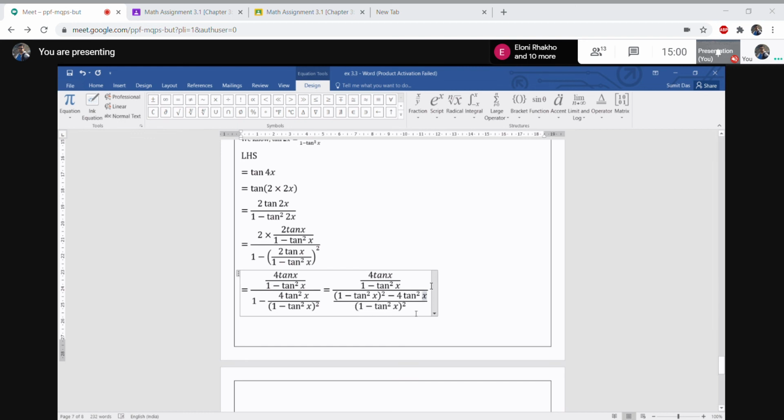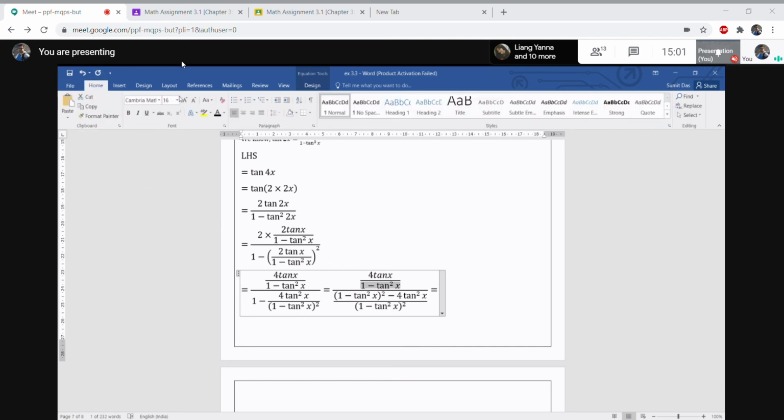I think you may think this is very complicated, but this is absolutely not complicated. Look, 1 minus tan square x, and here 1 minus tan square x whole square. So this part will cancel. Cancel means only here the square part will cancel. So what will remain here?